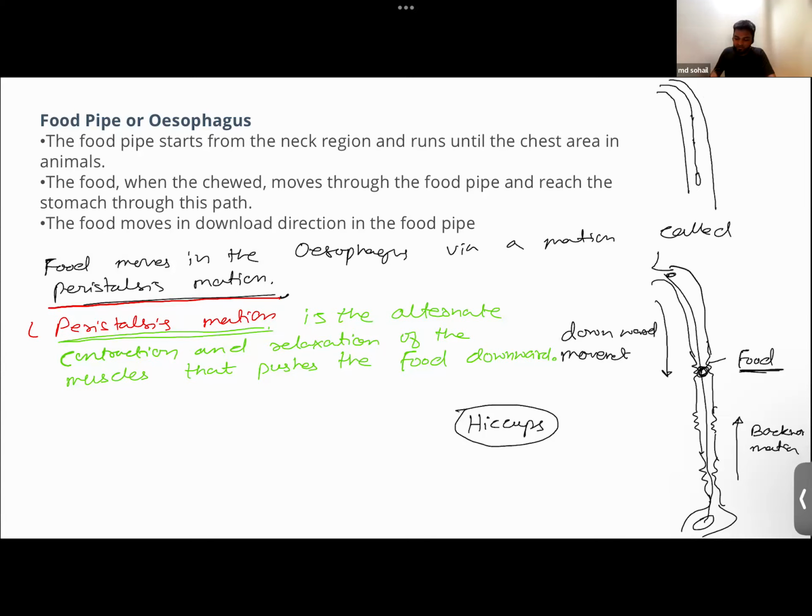In between the two, there's a cap. This one is the wind pipe, and this one is your food pipe. In between them there is a cap called epiglottis. It acts like a cap.